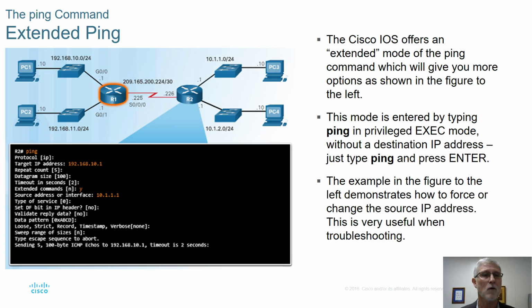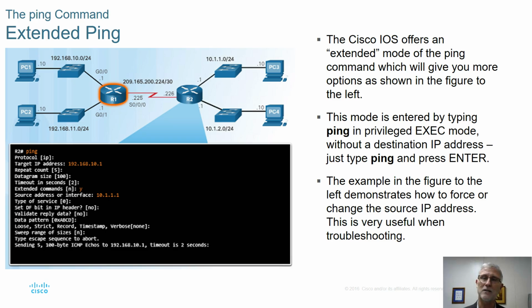Now, there are ways of extending the ping to make the ping command do a little bit more. To get into this mode, you just type in ping, without giving an IP address, you just hit return, and it would get you into the extended program. And now you've got options in setting, you definitely have to specify the IP address because you still need to know what the target address is.